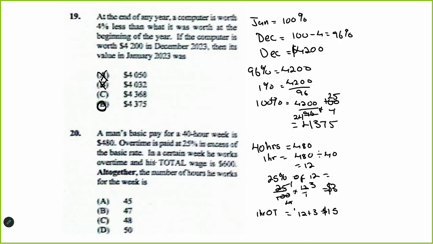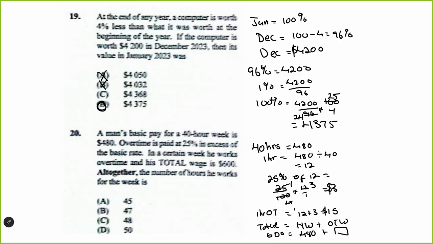Let's continue. In a certain week he works overtime and his total wage is $600. So we know his total wage would be his normal wage plus his overtime wage. His normal, or basic, wage is $480 plus some value would give you 600.